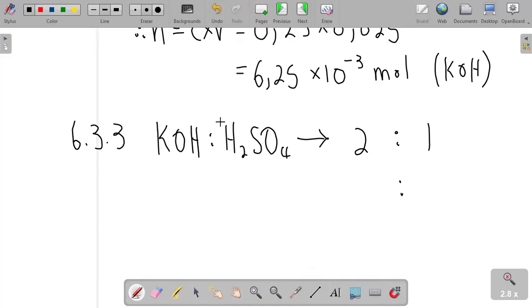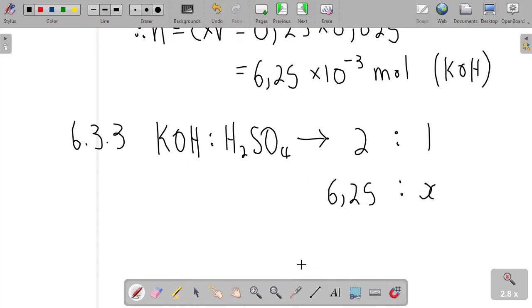So the coefficients for potassium hydroxide and sulfuric acid. So the number of moles for potassium hydroxide, isn't it? We know them. We found it here is 6.25. But then the number of moles this side, we don't know it.